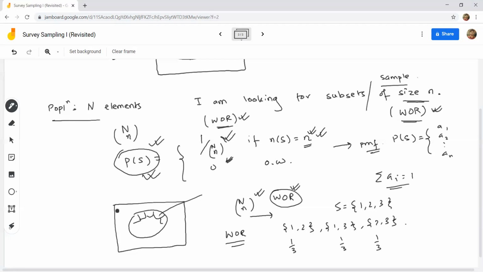First of all, you have already defined the population to be 1 2, 1 3 and 2 3 by the WOR scheme, that no element will recur again, right? So you already have the samples at hand, and you are assigning a rule how to choose these samples. You are assigning an equal probability to all these samples, and any one of these can come to your hand. So this is an example of your sampling design. This P of S is called a sampling design.